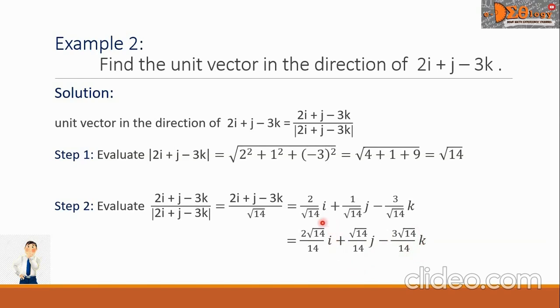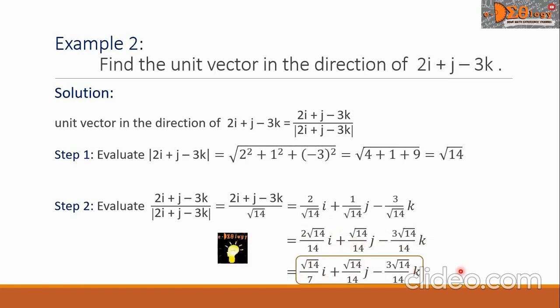We can see here that the first fraction can be simplified. So we now have square root of 14 over 7 times i plus, we'll just copy the remaining terms. This is now the final answer.